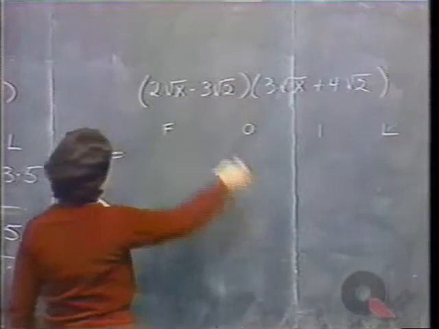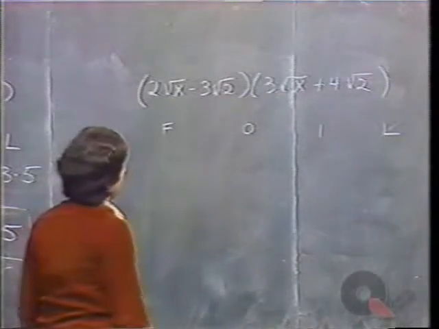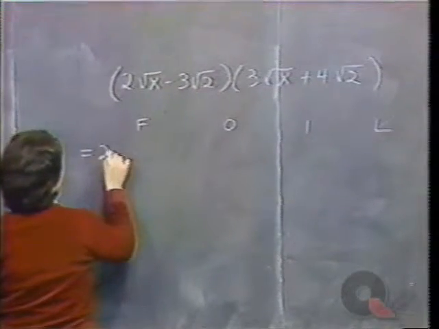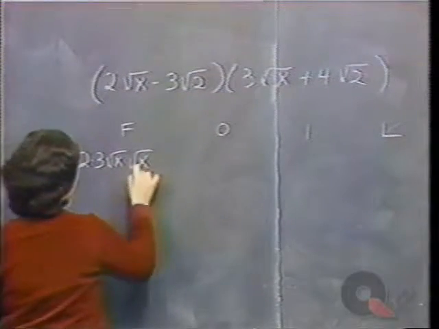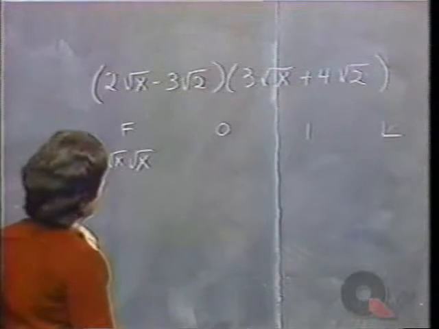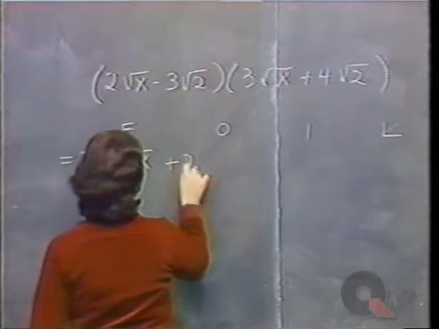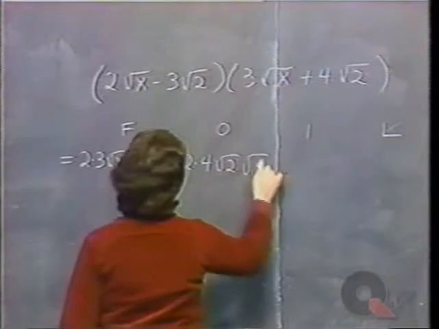Okay, first, 2 the square root of x times 3 the square root of x. I'm going to rearrange it so that the constants appear first. So we'll have 2 times 3 times the square root of x times the square root of x. Outer, we have 2 the square root of x times 4 the square root of 2. So we'll write this as plus 2 times 4 times the square root of 2 times the square root of x.